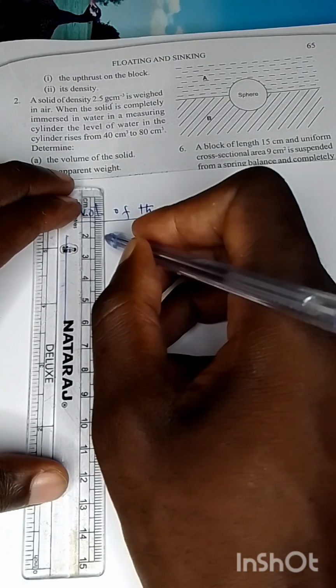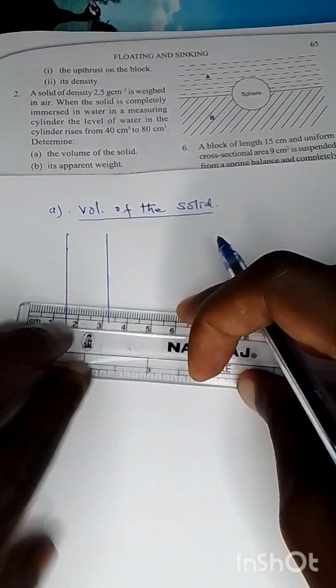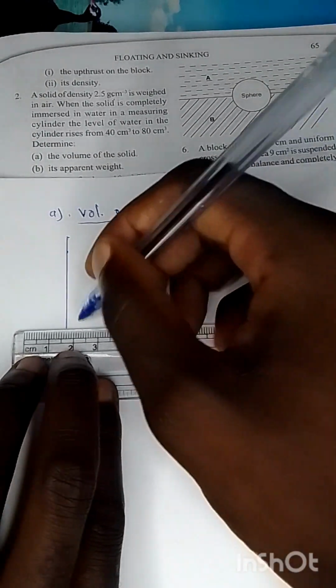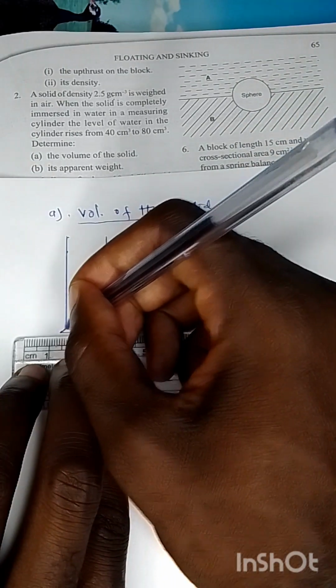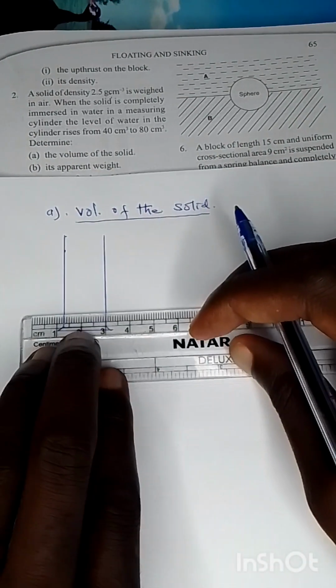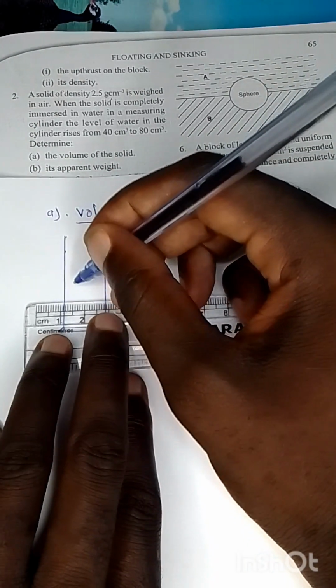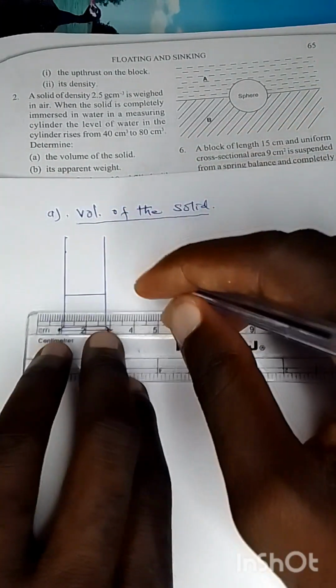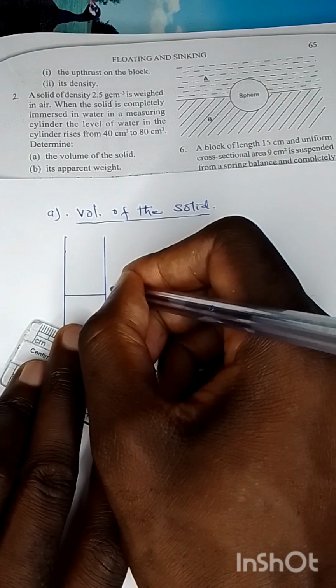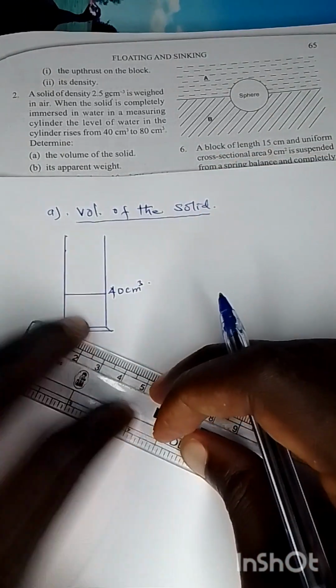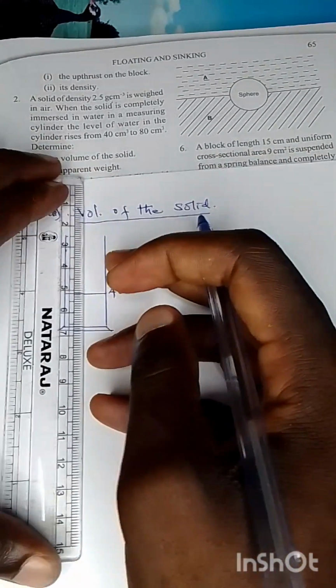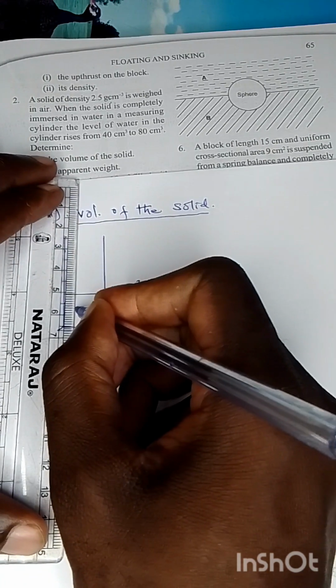This is our measuring cylinder. Initially the level of water in our measuring cylinder was 40 before the solid was immersed. So we can assume this is where the level was before the solid was brought. So this is 40 cubic centimeters. Then we bring the solid now. This is our solid.